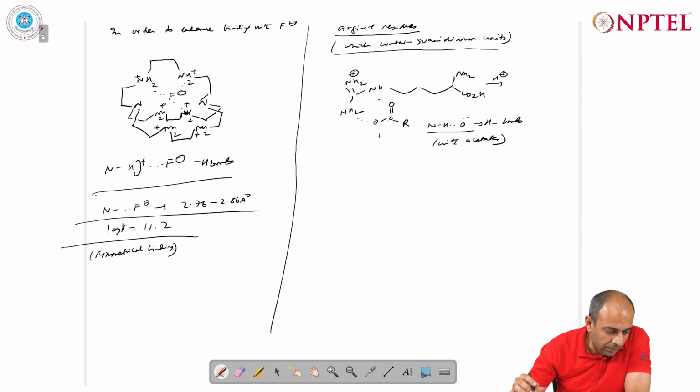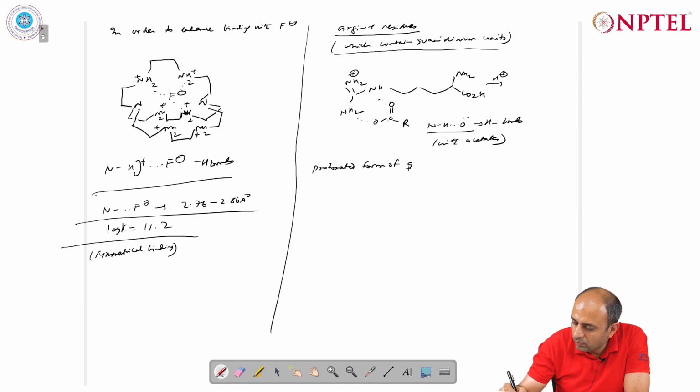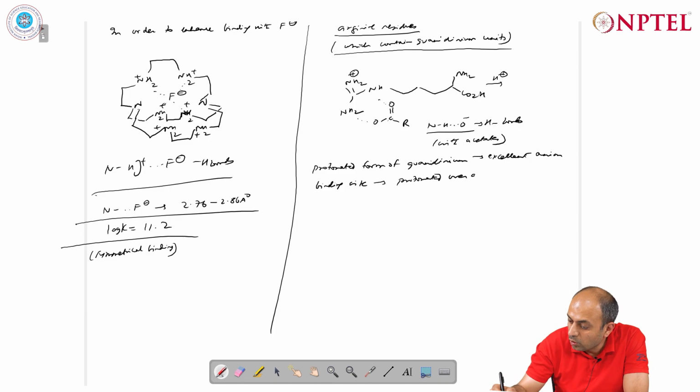Now, what is the property of guanidinium is as follows. Guanidinium, that is the protonated form, is an excellent anion binding site because it remains protonated over a wide range of pH.